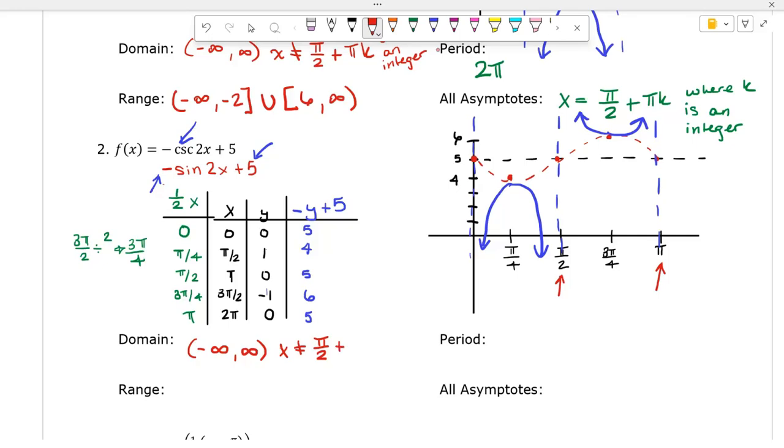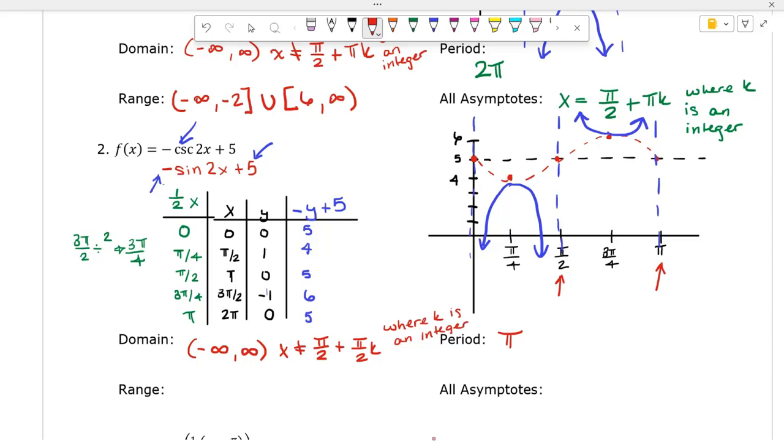plus whatever half of my period is. Here, if I go from 0 to pi, my period is pi, so it's going to be plus pi over 2. And that's, again, where k is an integer.